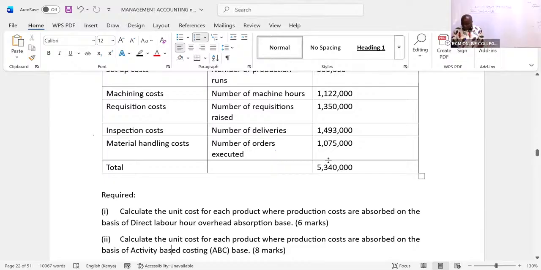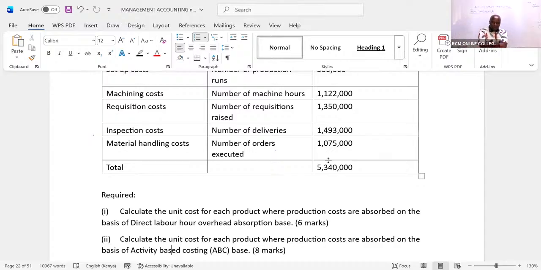They want me to calculate the unit cost for each product where production costs are absorbed on the basis of the direct labor hour overhead absorption rate base.